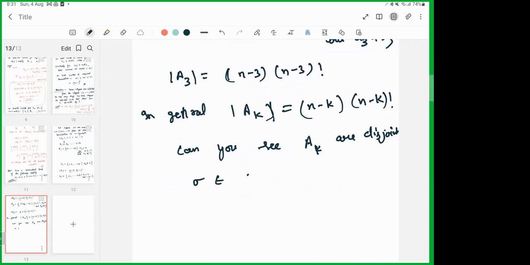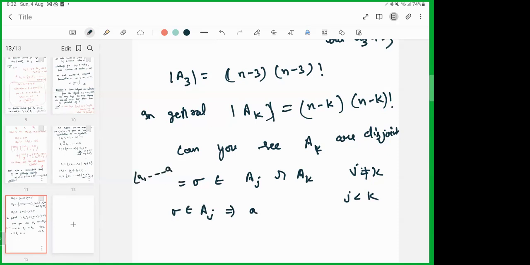Suppose sigma belongs to Aj intersection Ak, j does not equal k. Then some permutation belongs to both Aj and Ak. So what will happen? Let's say j is less than k. Sigma belongs to Aj implies that sigma is of the form a1, a2 up to an, and aj does not equal j.